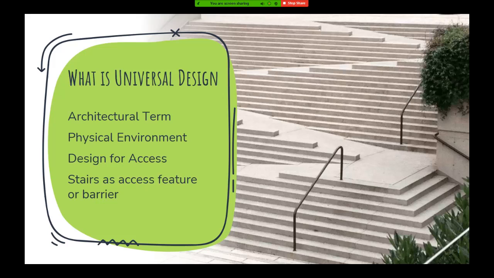So when you're looking at, let's say, this set of stairs, for example, we can see that something like steps getting from the top to the bottom or the bottom to the top can be an access feature.